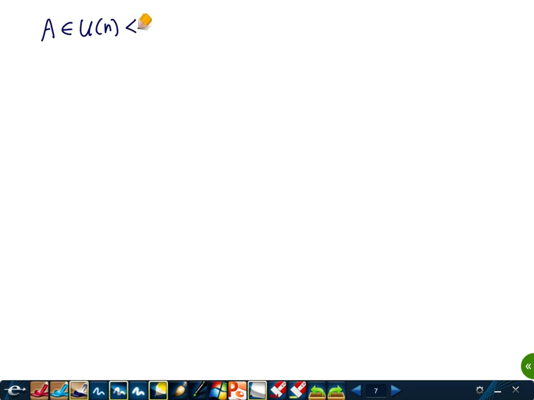Unitary means A star is A inverse, but of course this means A star A equals the identity. And this is equivalent to saying that, let's just compute the entry by multiplying these two.